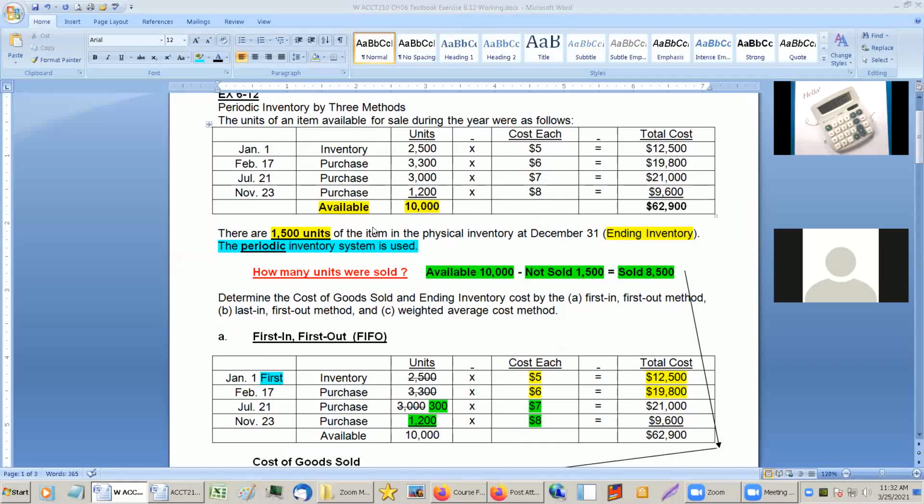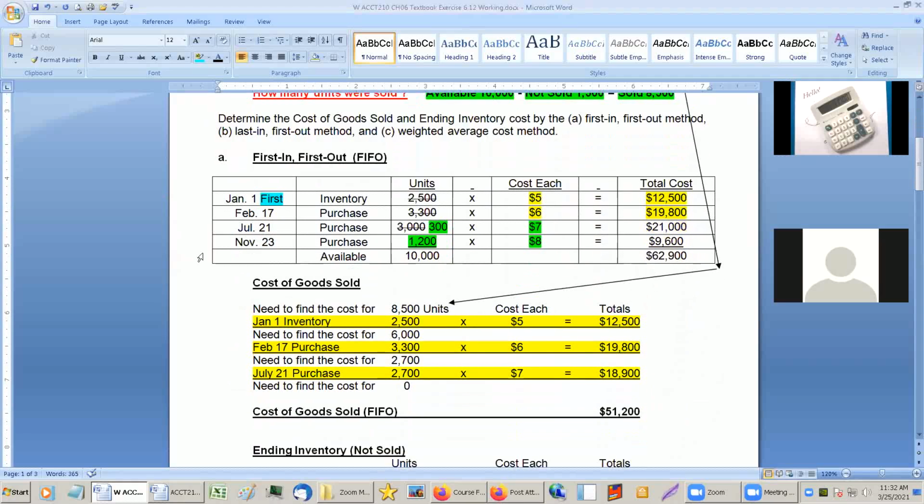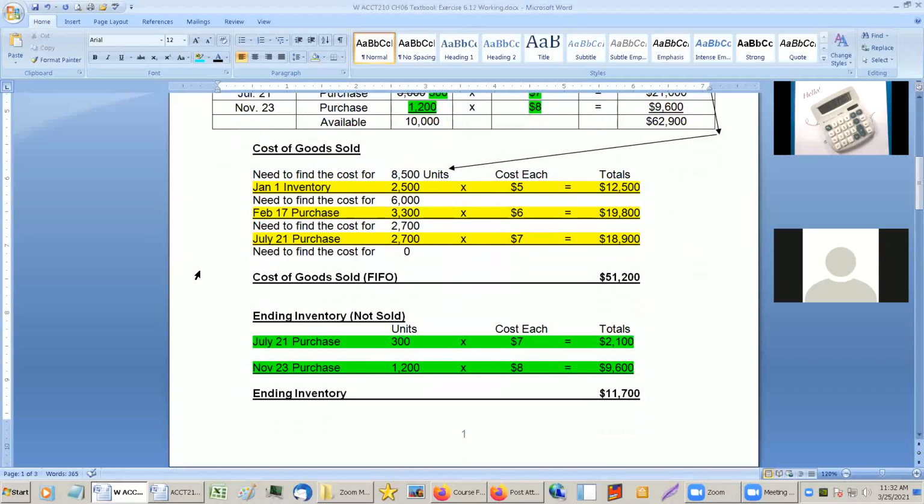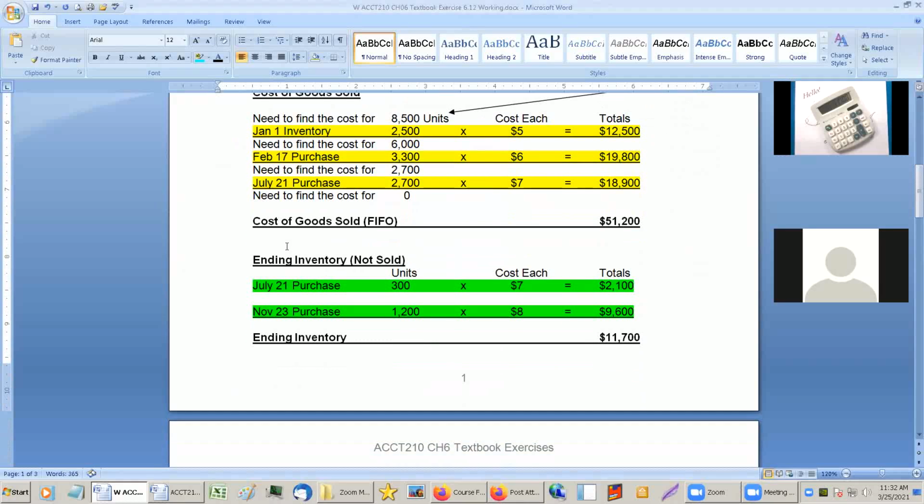Okay. So that is FIFO. And again, we can't do the sales, can't do the gross profit. They didn't give us enough information to do that.